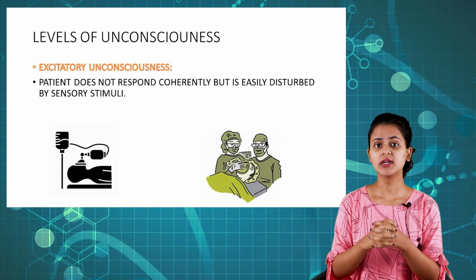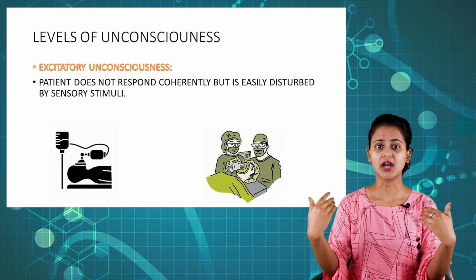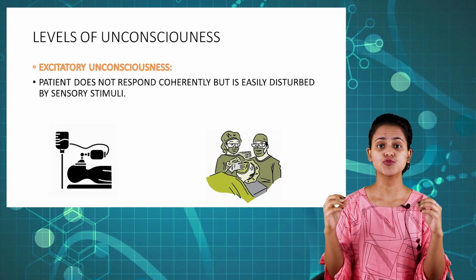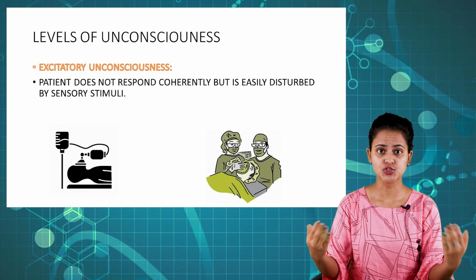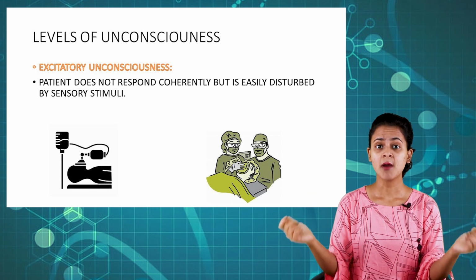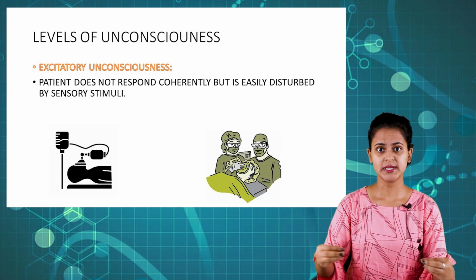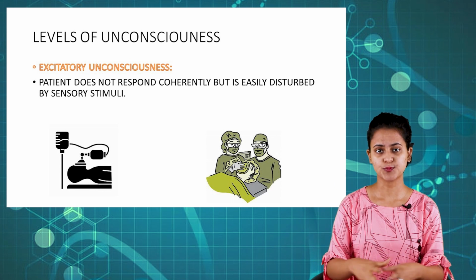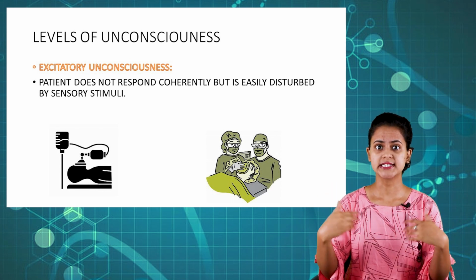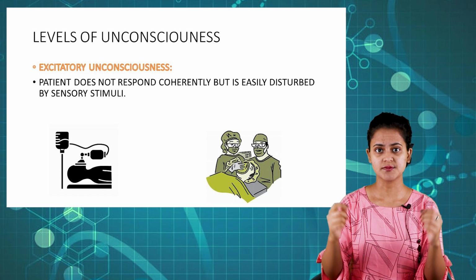So I hope you got the idea that in excitatory unconsciousness, although the patient will not be able to respond coherently or spontaneously, the client will be aware and will be able to respond minimally if an external stimulus is administered.